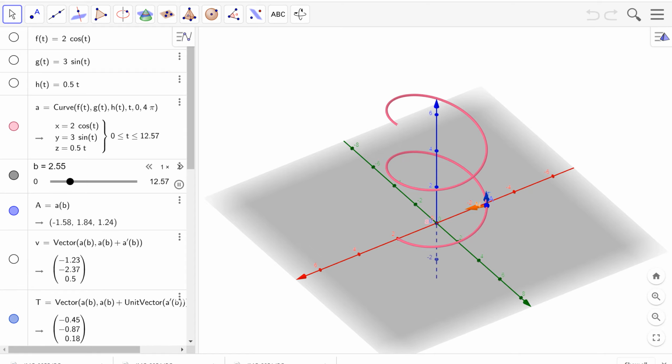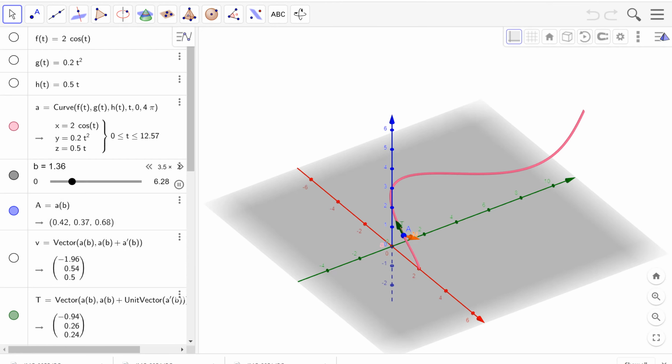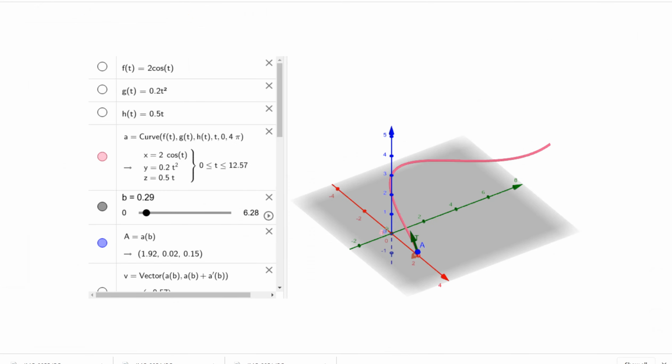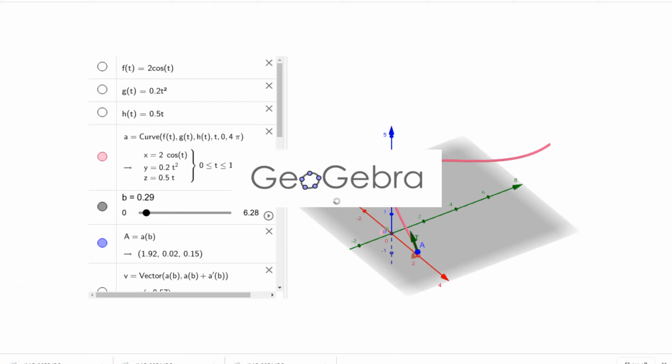And furthermore, this is another example. Sorry, it's loading. Let me reload this page. Okay, so you can see this is the curve.